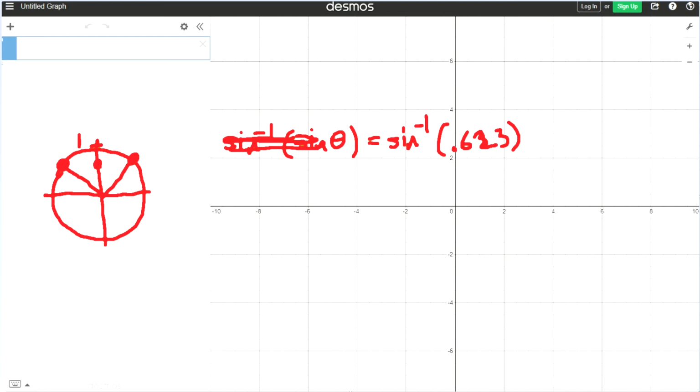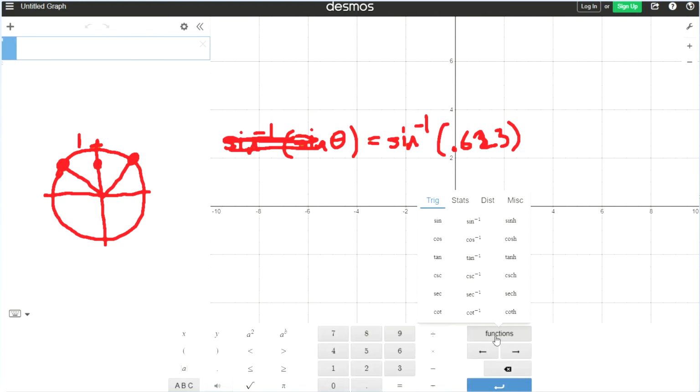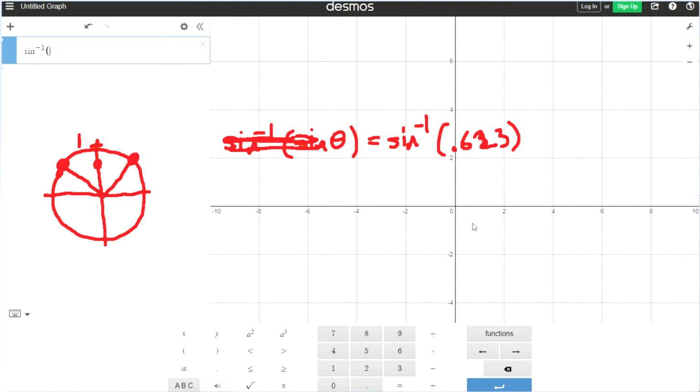So to type that, I'm going to do in here functions. And I have sine -1. And I type 0.623. And you can see that I get the solution is 0.6257. And it keeps going. To be honest, guys, it'll be useful for us to just round this.